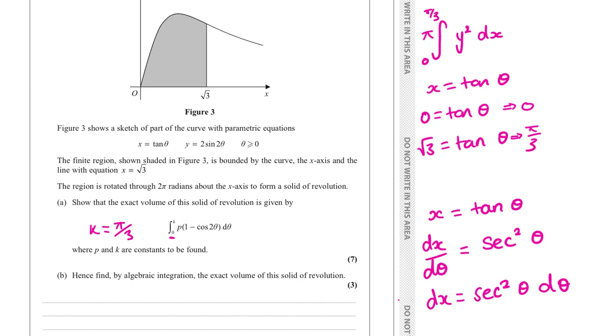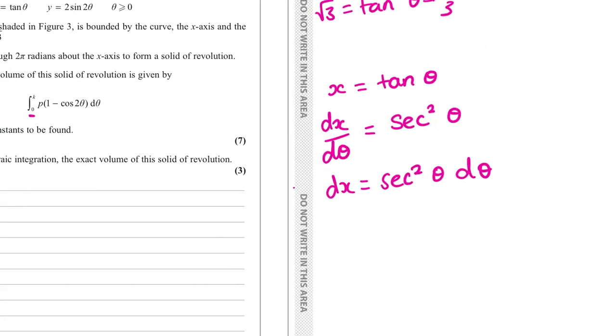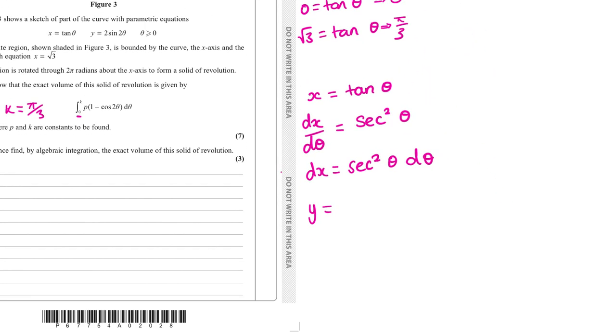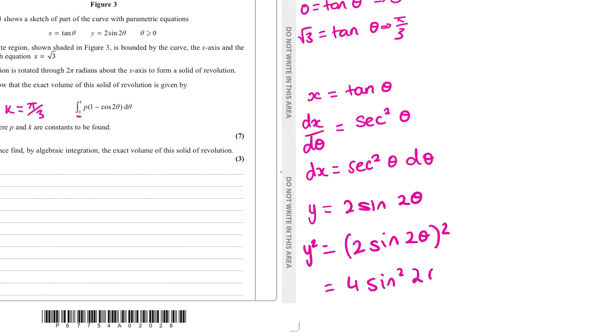What can I now do with y? What do I have to do to y? Square it. So if y equals 2 sine 2 theta, y squared equals 2 sine 2 theta all squared, which is in fact 4 sine squared of 2 theta.